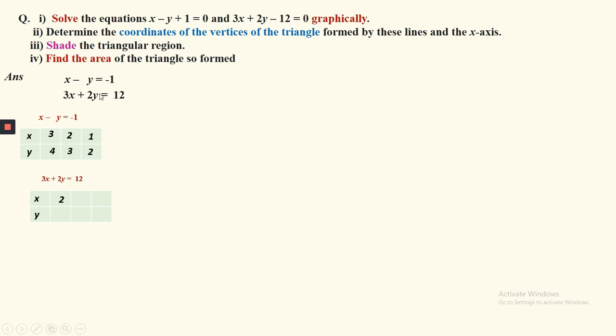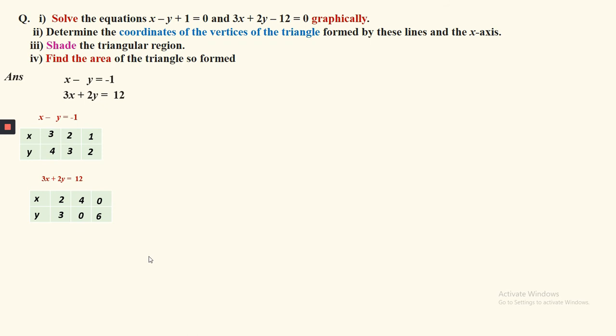So for 2y to be equal to 6, y must take the value 3. So the first solution is 2, 3. Like that, you will find the remaining 2 solutions also. So we have prepared the solution tables for both the given equations.